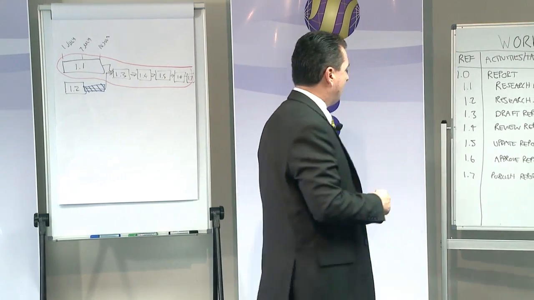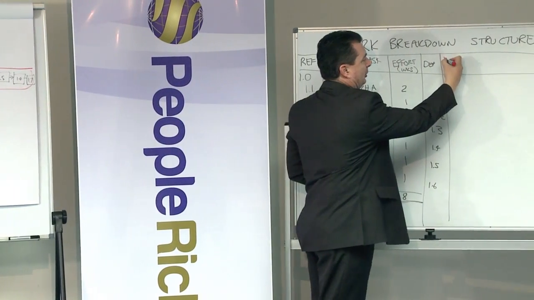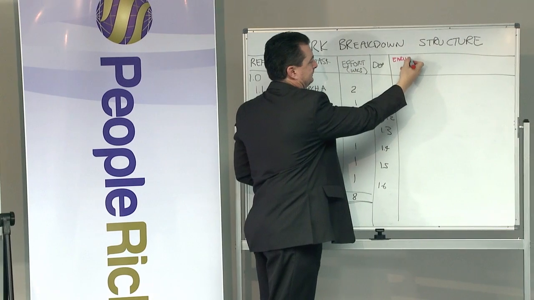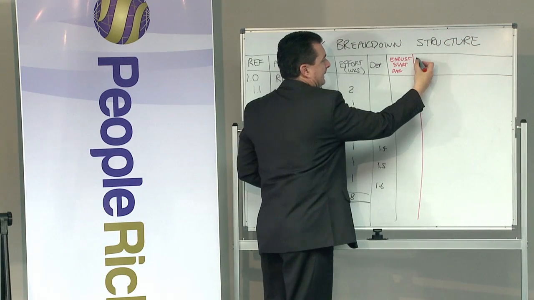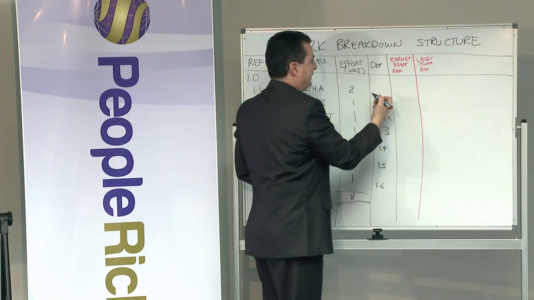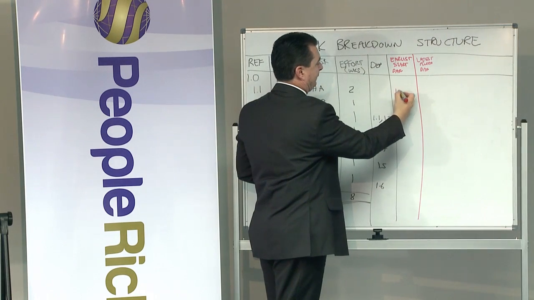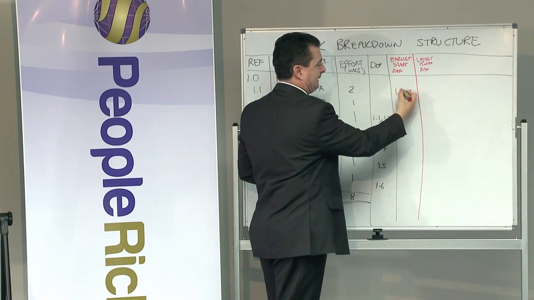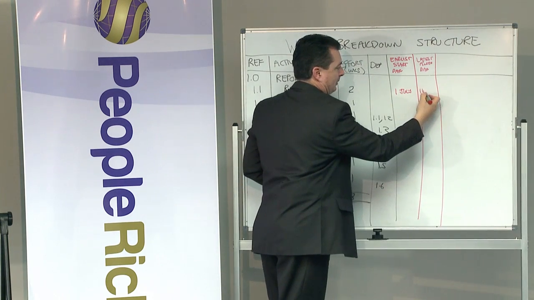So if we come along to the dependencies and we put here the earliest start date, and then we have the latest finish date, and we put in here that we wanted to start this one on the 1st of July, so we might say 1st of July, and obviously whatever year you're working in, that's going to finish on the 14th of July.